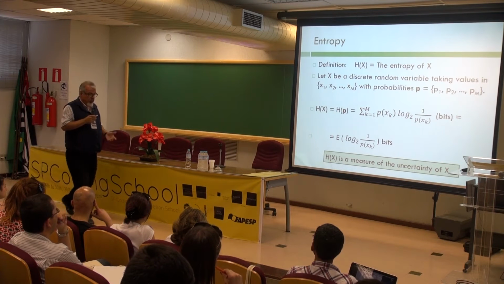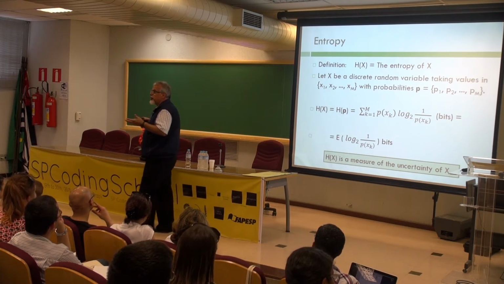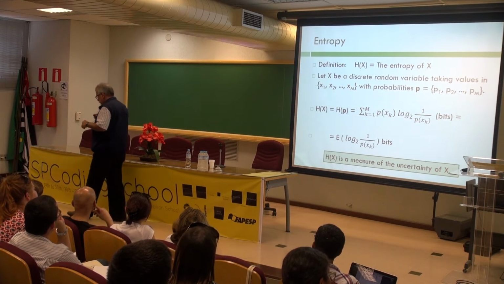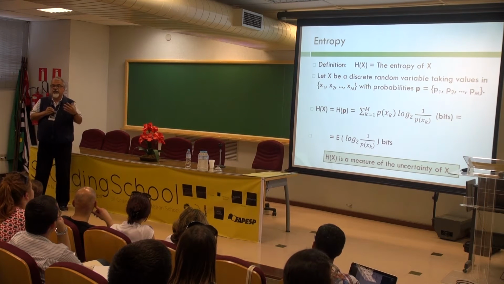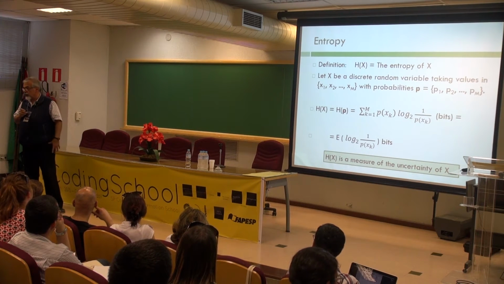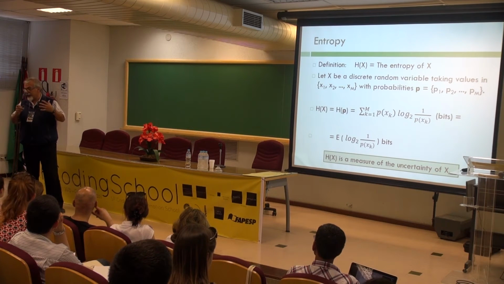For example, if I tell you that the sun is going to rise tomorrow, very little information in that, right? Because we know that that's almost a sure event. But if I tell you that the sun is not going to rise tomorrow, that would be earth-shattering. You know, that would be a lot of information.